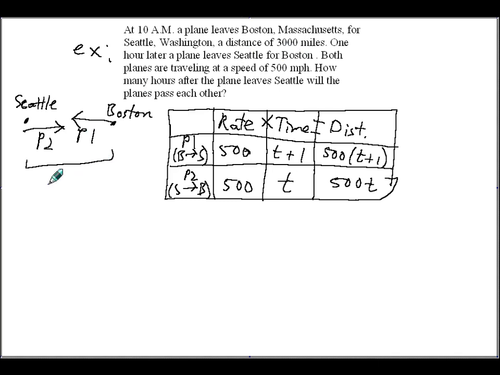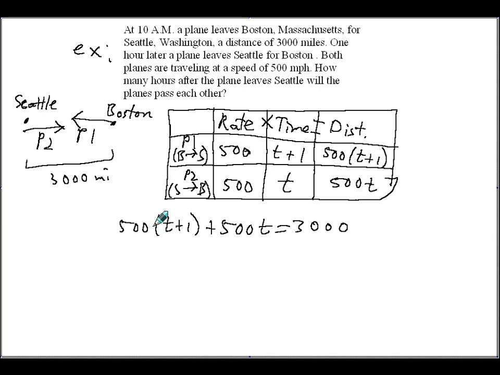So the equation we get once again would be the sum of their distances, as you can see from this picture: 500 times t plus 1, plus 500t, is equal to 3,000. That's the equation we need to come up with and solve in this problem.